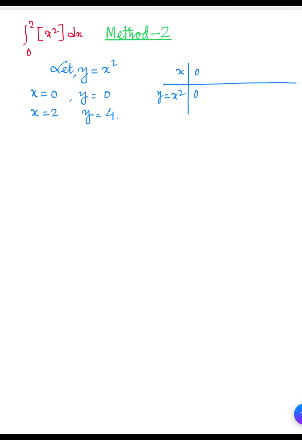We can see that when x varies from 0 to 2, y varies from 0 to 4. Now, between 0 and 4, we have three other integers: 1, 2, and 3. When y equals 0, x equals 0; y equals 1, x equals 1; y equals 2, x equals root 2; y equals 3, x equals root 3; y equals 4, x equals 2.